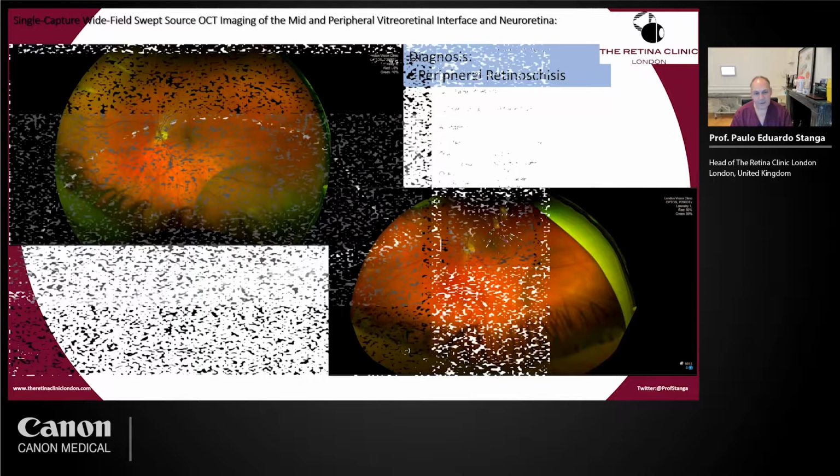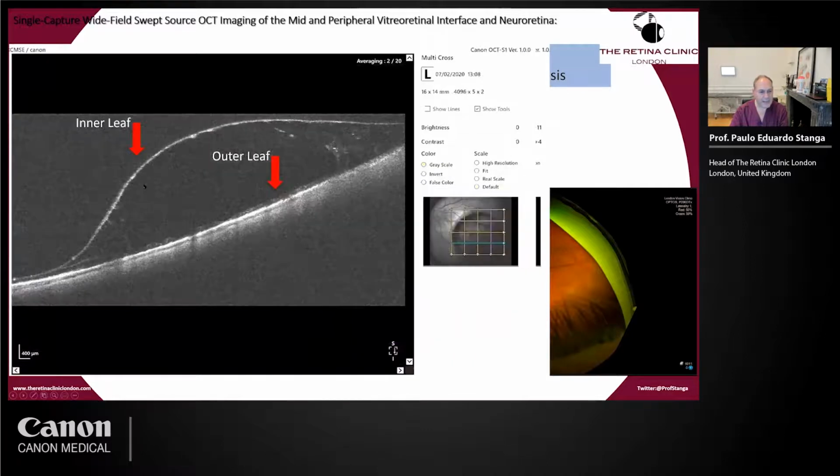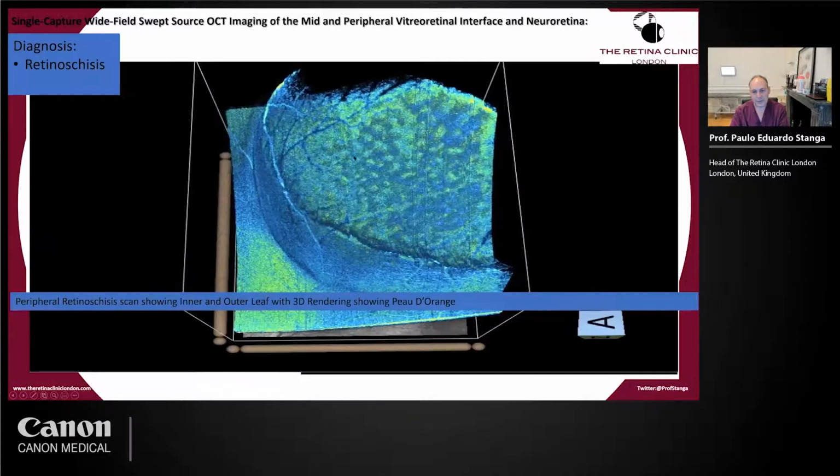However, for the non-retina specialist, having a scan, being able to see the outer leaf attached to the RPE and the internal striations, the stretched fibers of Henle, is very reassuring with regards to reaching a diagnosis.